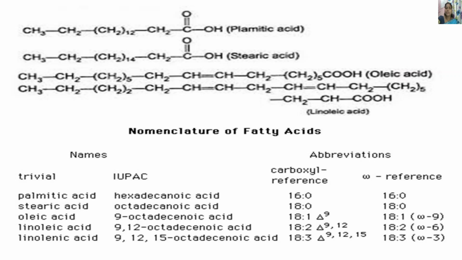Similarly, linoleic acid is called 9,12-octadecadienoic acid, and linolenic acid is 9,12,15-octadecatrienoic acid, that is, there are 3 double bonds. In linoleic acid there are 2 double bonds at carbon 9 and carbon 12. In linolenic acid there are 3 double bonds at positions 9, 12 and 15.